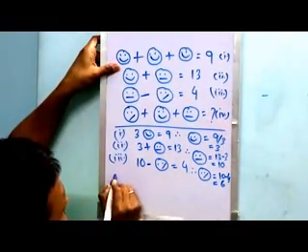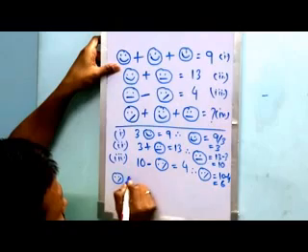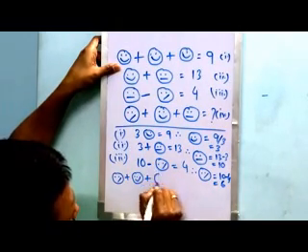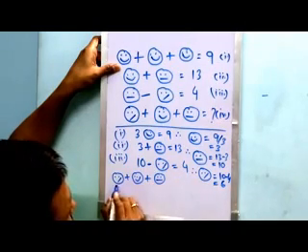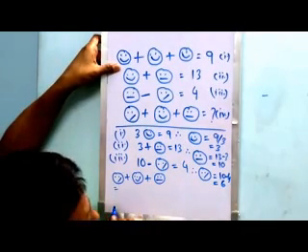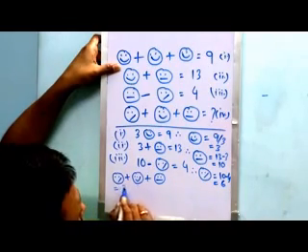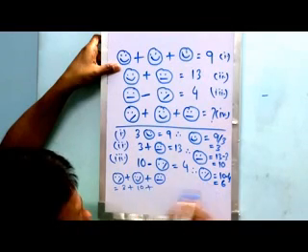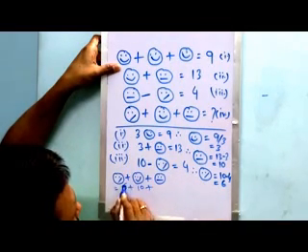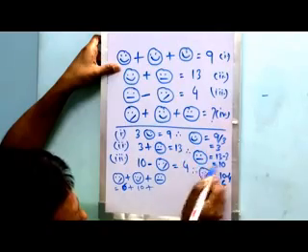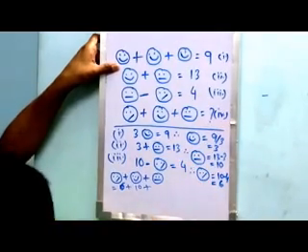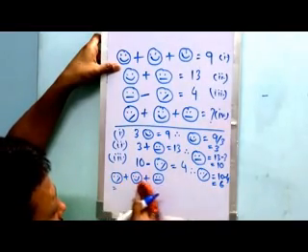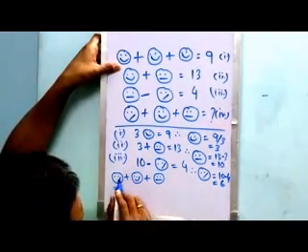So one dull face plus one smiling face plus one normal face equals, just put the value of each emoticon here, that is 3 plus 10 plus, sorry, that is 6 plus 10 plus, it is just getting a bit complex.